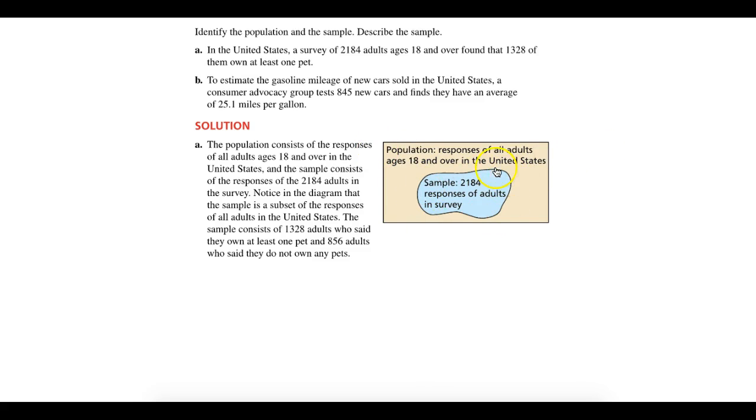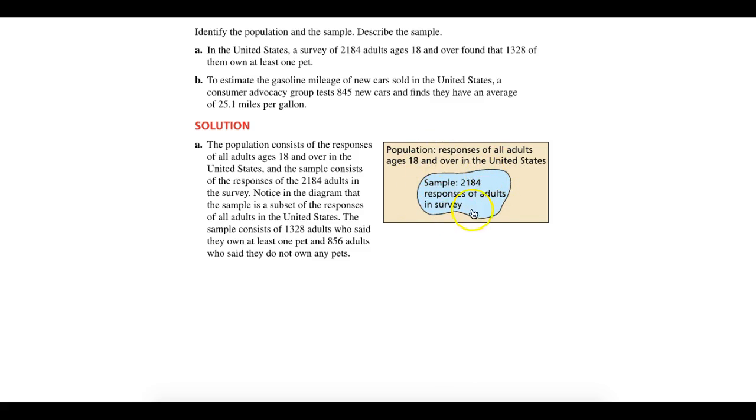Now, within this sample, out of these 2,184 responses, you can see this is made up of the 1,328 adults who said they own one pet, as well as 856 adults who said they don't own any pet. Okay, so all the people that responded, all adults aged over 18, would be the population, and just the 2,184 responses would be the subset.